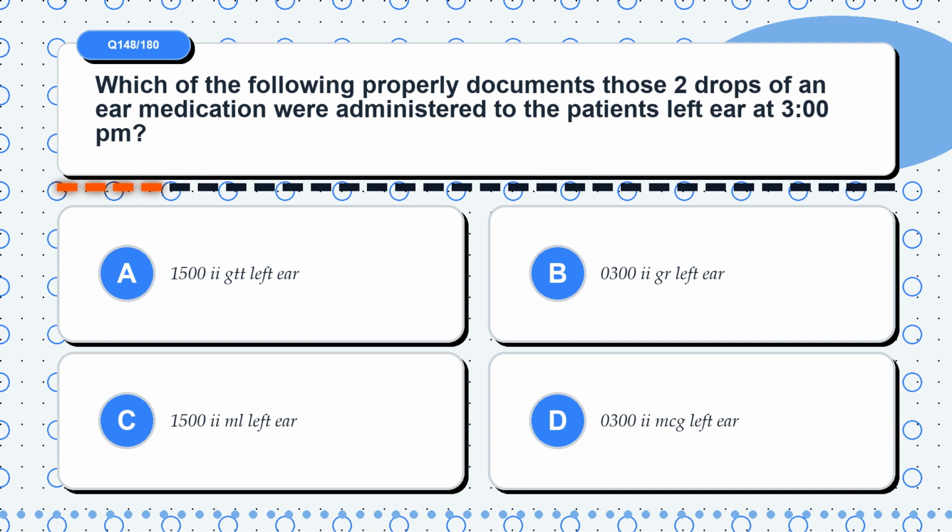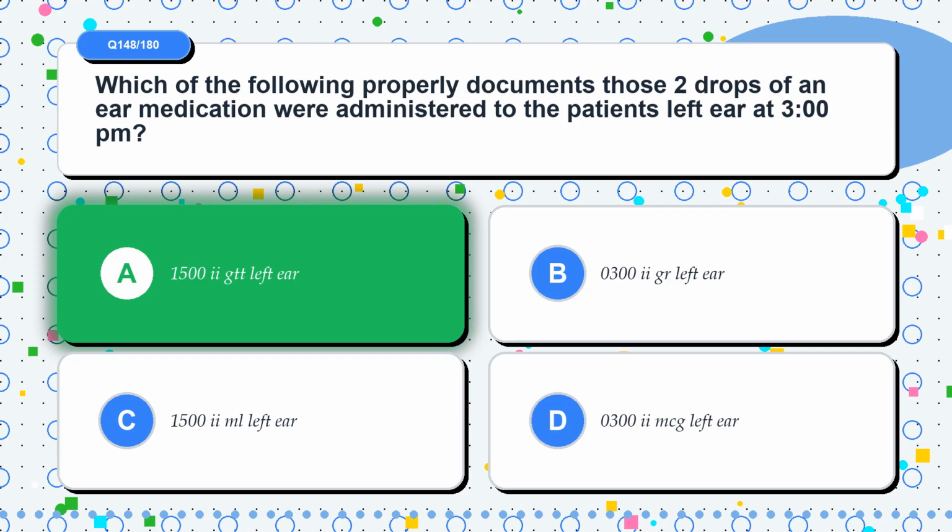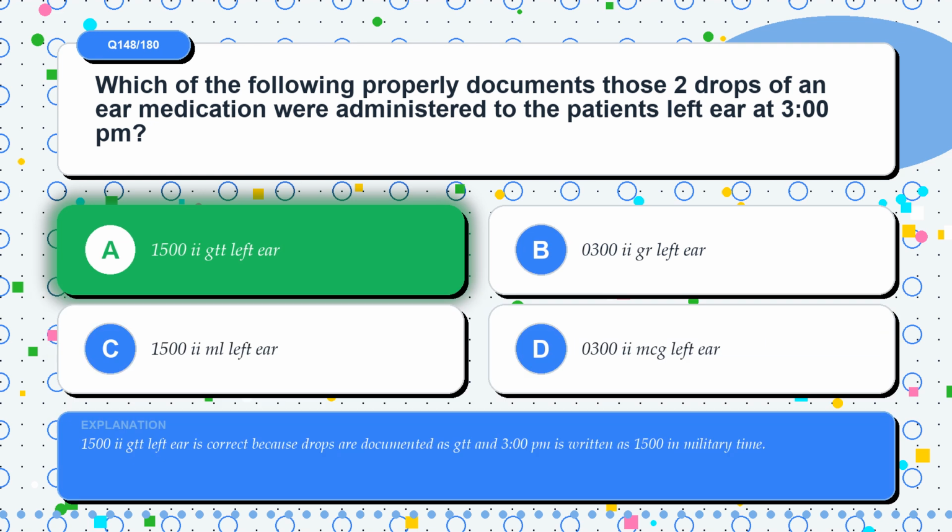Option D, 0300 Roman 2 mcg left ear. The correct answer is option A, 1500 Roman 2 GTT left ear. 1500 Roman 2 GTT left ear is correct because drops are documented as GTT and 3:00 p.m. is written as 1500 in military time.